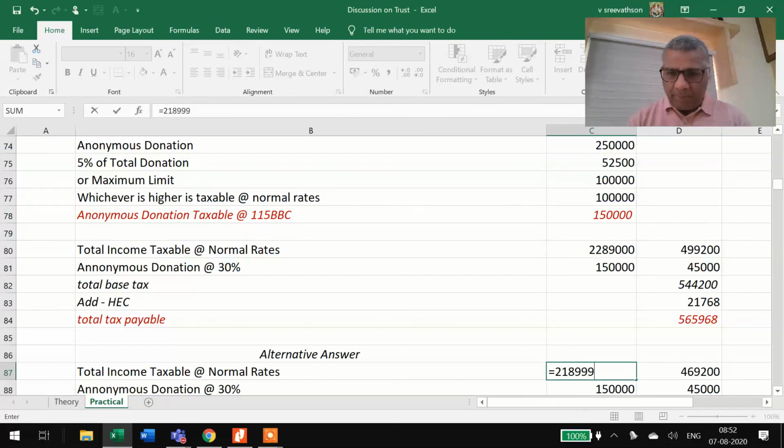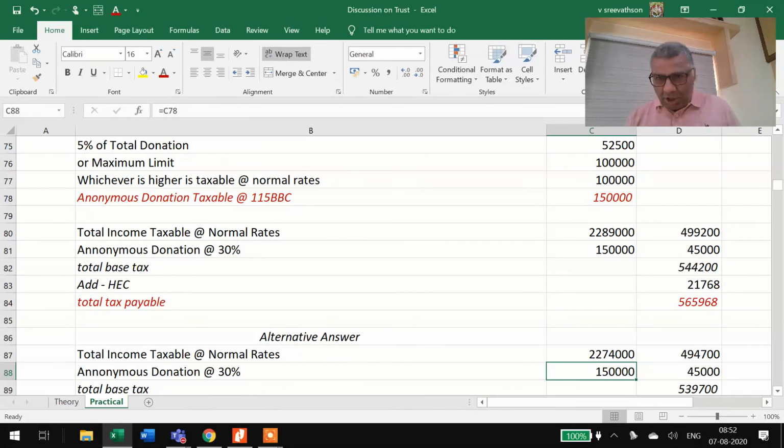21,89,000 is my income computed, plus they say it is 1 lakh into 85%.